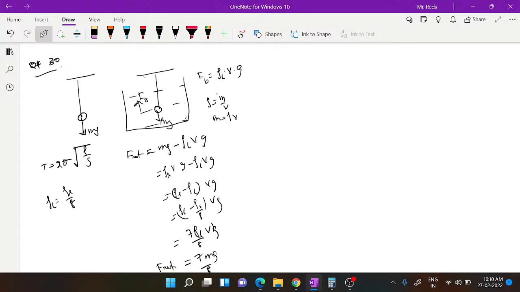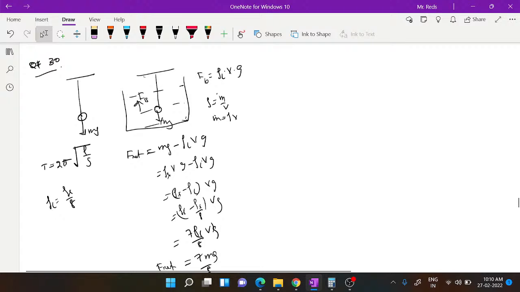When the pendulum is in air, the time period can be expressed as T equals 2π√(L by g). The bob is made of brass and is immersed in a non-viscous liquid and oscillated, and the density of the liquid is 1 by 8 times the density of the solid, the brass.